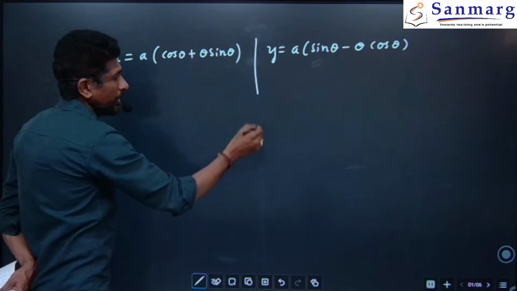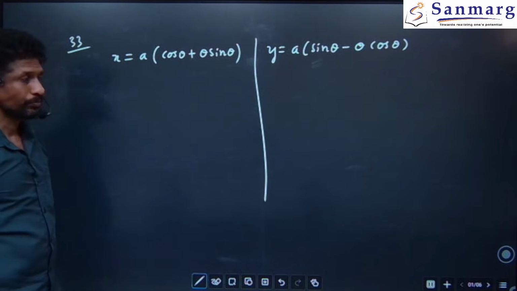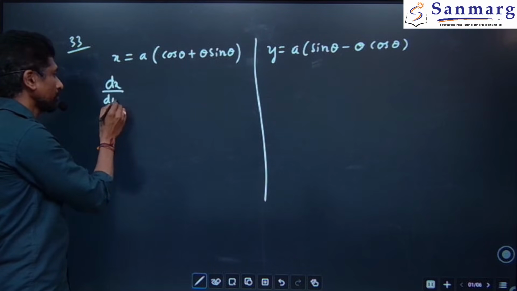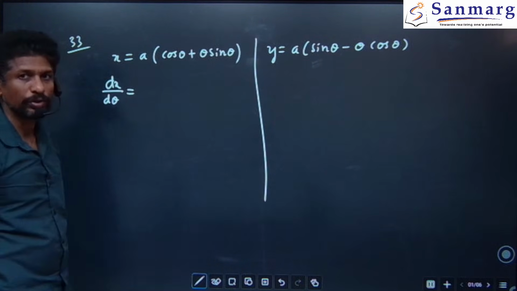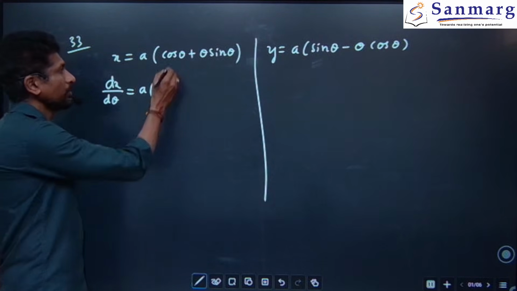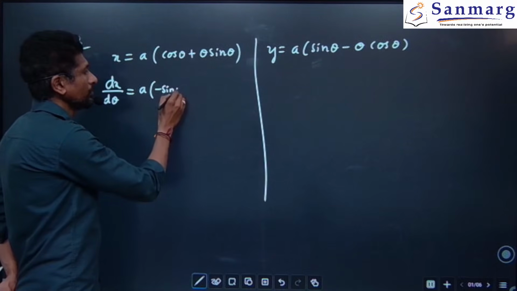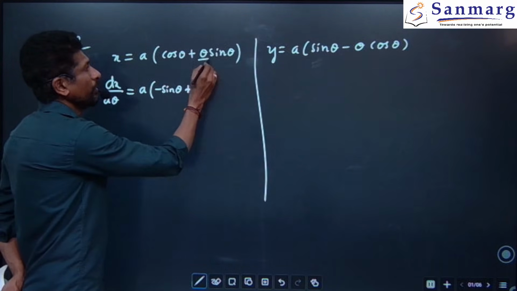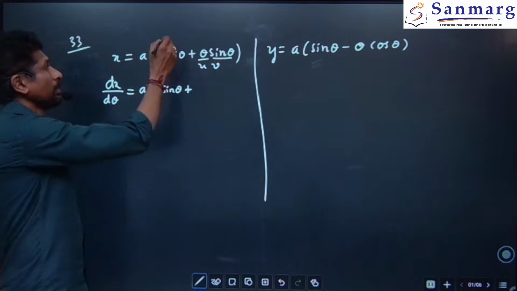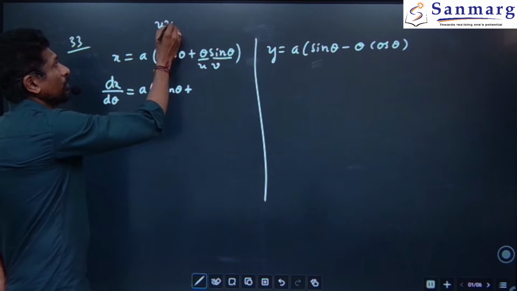So when theta is the parameter, you have to differentiate x with respect to theta and y also with respect to theta. The derivative of cos theta becomes minus sin theta. But here again you have to go with the product rule.